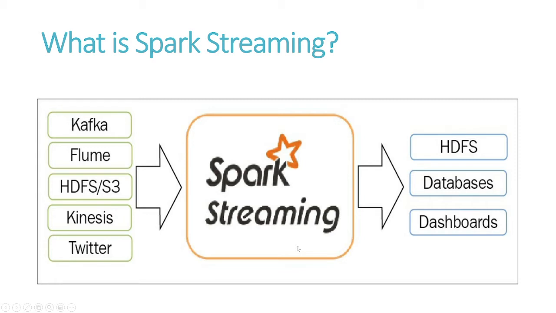And then finally they dump the data into HDFS or any database. It can be anything, and finally it should show some dashboard, maybe through QlikView or any other dashboarding system which the user wants.